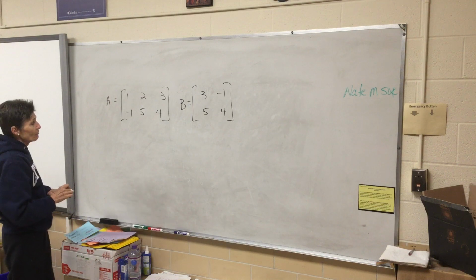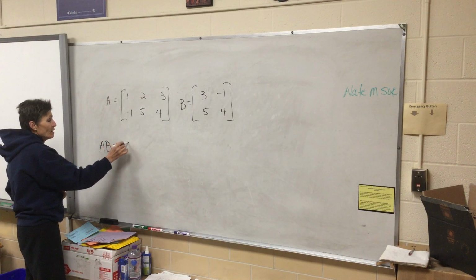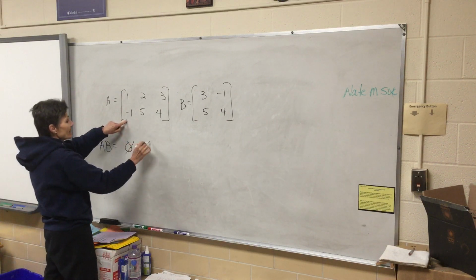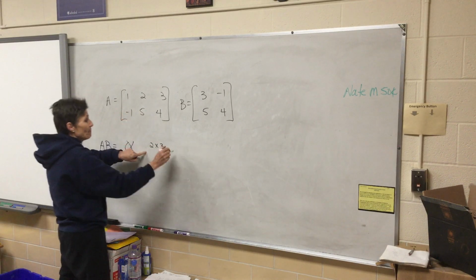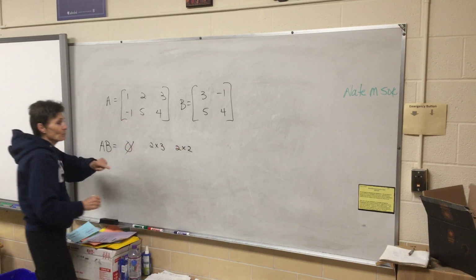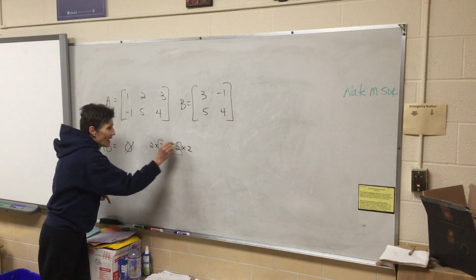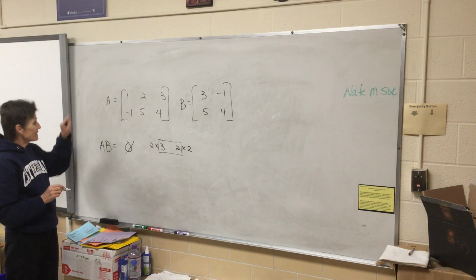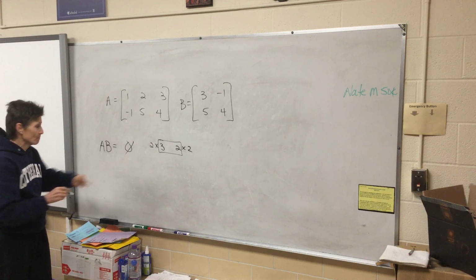Well, you have to be careful, because if we did A times B, we couldn't do that. That would not be possible, because A is a 2 by 3, 2 rows, 3 columns, and B is a 2 by 2. And the rule for multiplication is that these have to match, right? So if the question were, take A times B, the answer would be you can't do it.